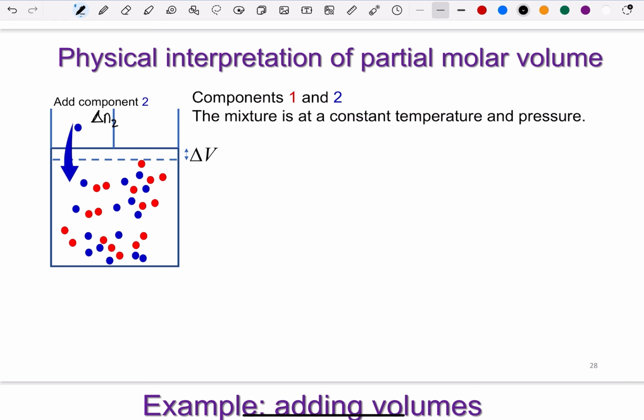So if I do it ideally, delta V ideal, basically I have an ideal solution here. And if I know the molar volumes of component 1, let's say V1, and of component 2, V2, can you tell me how much is the change in the volume?